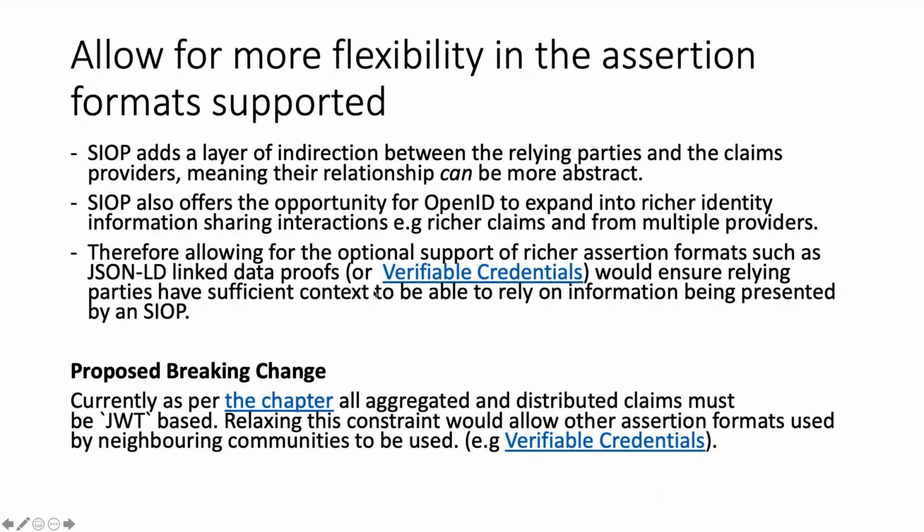So I'm proposing that if we were to revise the aggregated and distributed claims to allow alternative formats as an opt-in, then OpenID providers could provide this assertion format as an alternative.